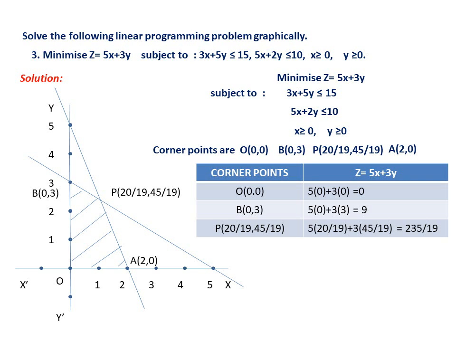So (0,0), B and P. So here the value Z is attained at (20/19, 45/19) and 40/19. So you can check it. Whenever you get the corner points, at those corner points you have to check, that's all.